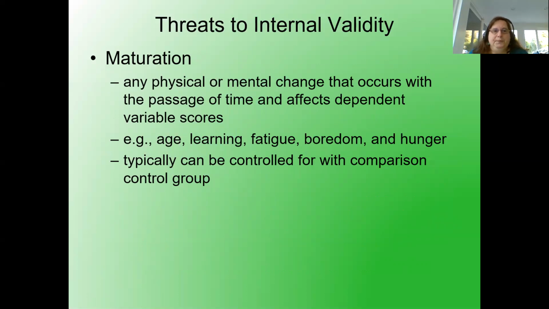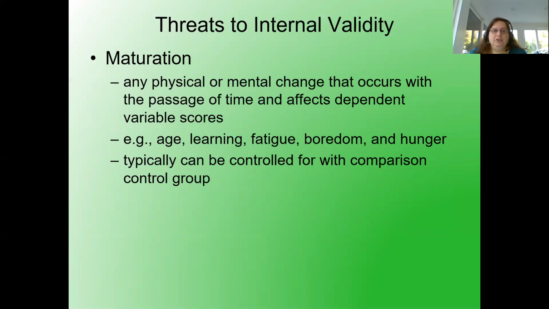So for example, age, learning, fatigue, boredom, hunger, any of those things, anything that happens over time and can affect our scores is really a maturation effect. So you have someone who's taking a relatively long battery of tests. What's going to happen? They're probably going to get tired out. They might get bored. They might get hungry.